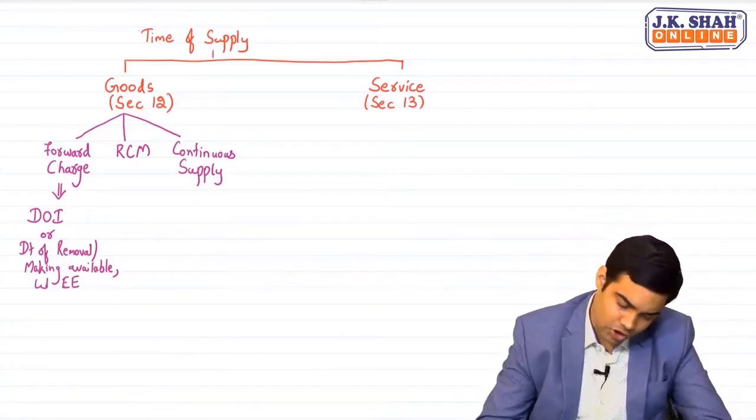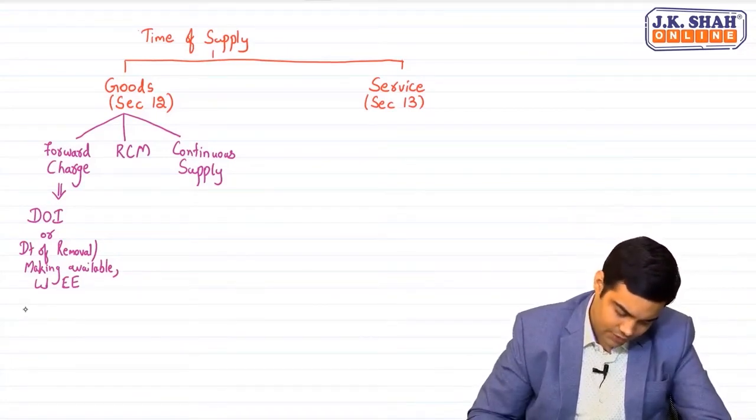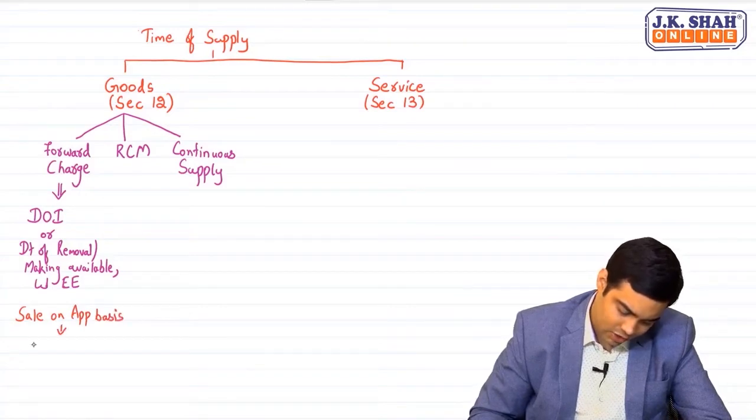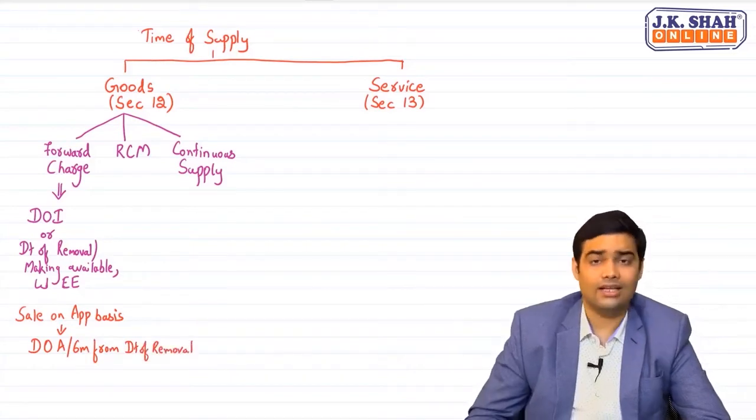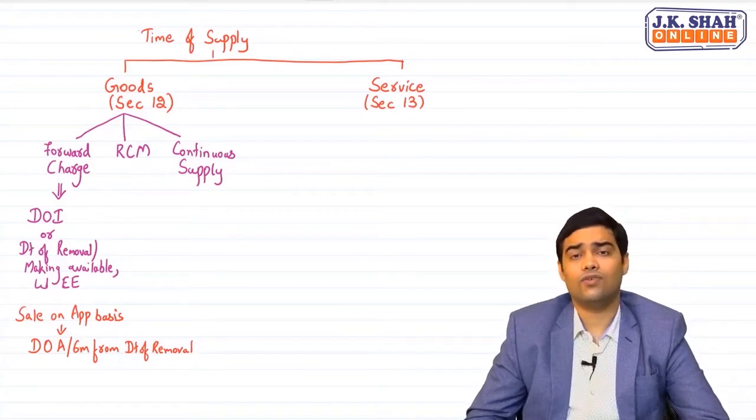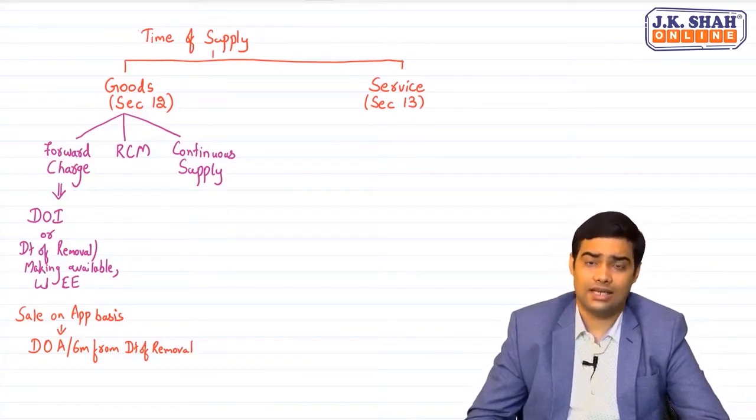Plus, there could also be an instance of sale on approval basis. Now, if it is a case of sale on approval basis, then the law says date of acceptance / 6 months from date of removal. Careful. If there is no acceptance within 6 months from date of removal, then 6 months from date of removal will be considered as time of supply.